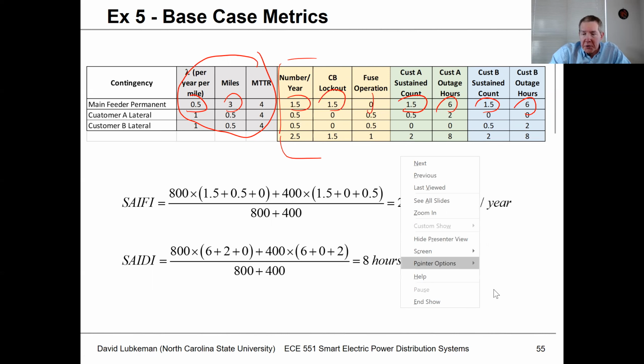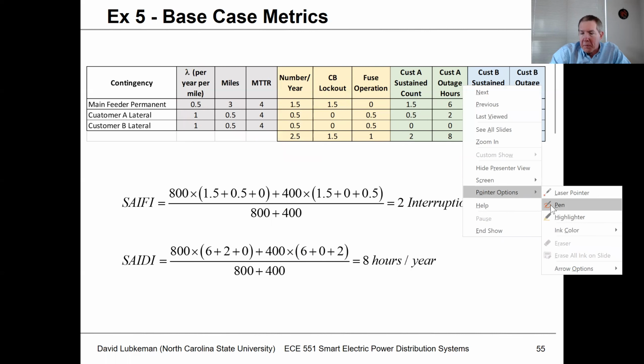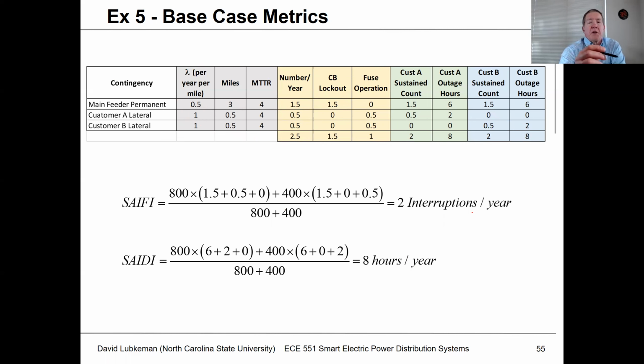If we're talking about an event on a tap or a lateral, let's say for customer A, then we have a failure rate of 1 per year per mile. With 0.5 miles, 1 times 0.5 gives me 0.5 of these events per year.